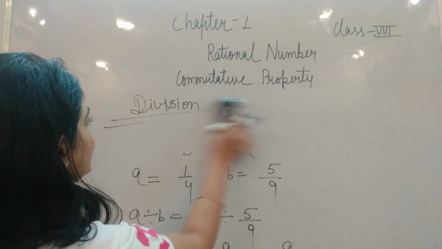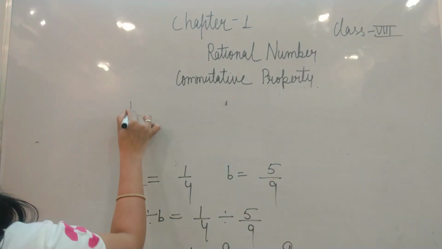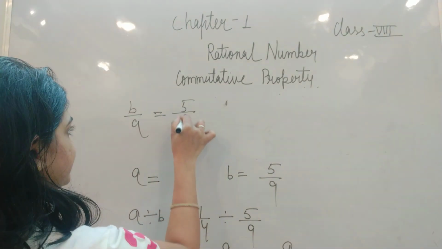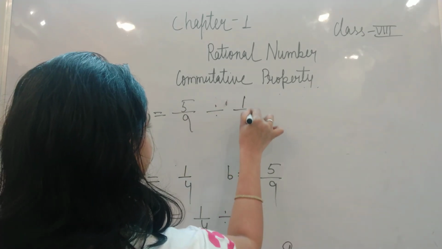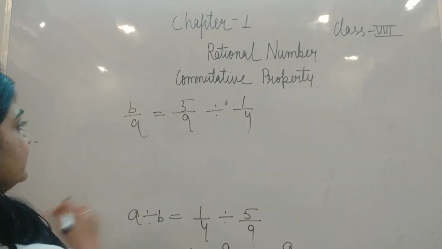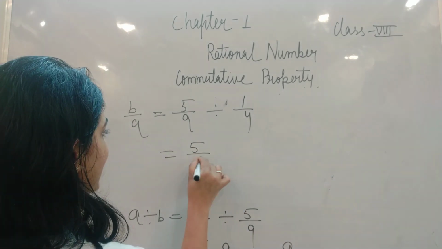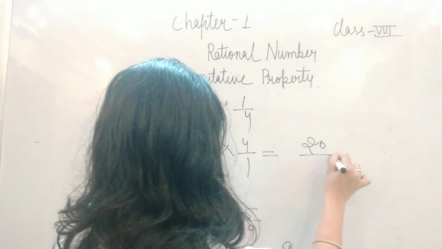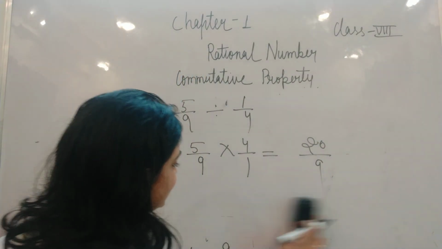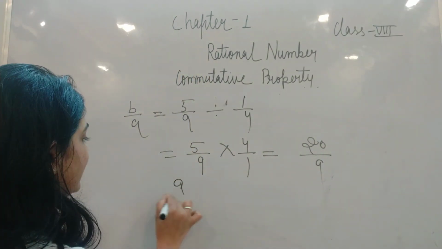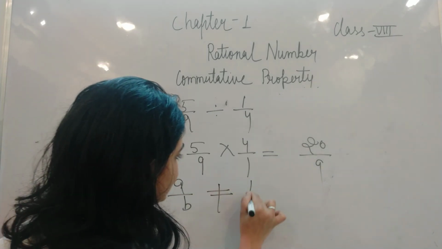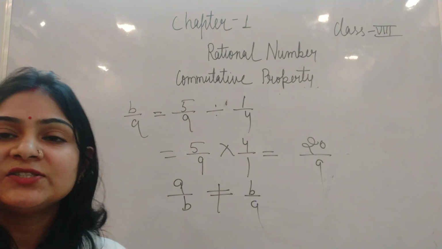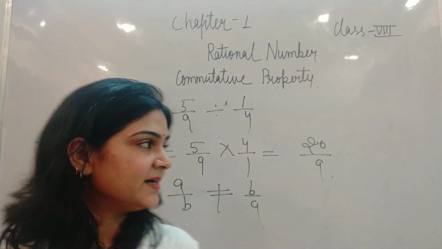Now we will do b divided by a. At first we will put the value of b. 5 by 9 times 4 by 1 gives 20 by 9. It means a upon b does not equal b upon a. So we say that division is not commutative for rational numbers.